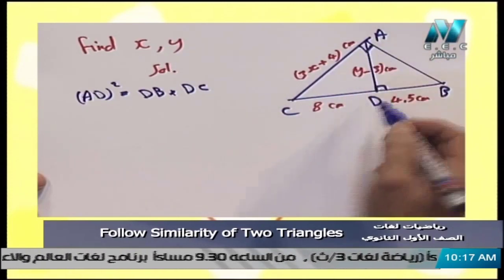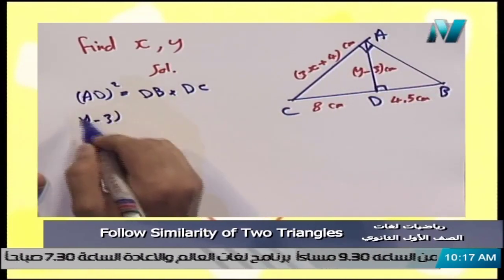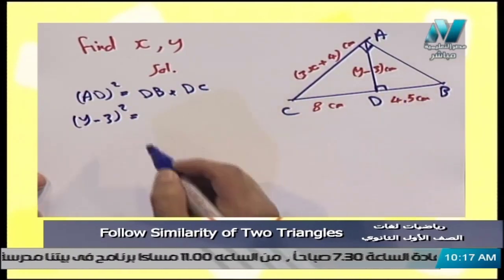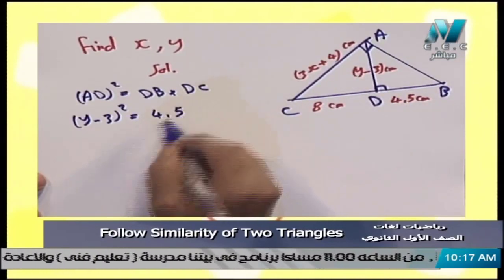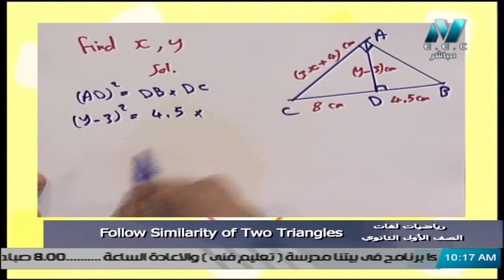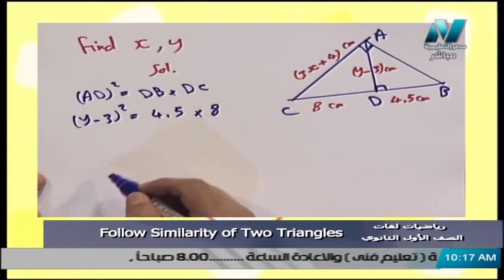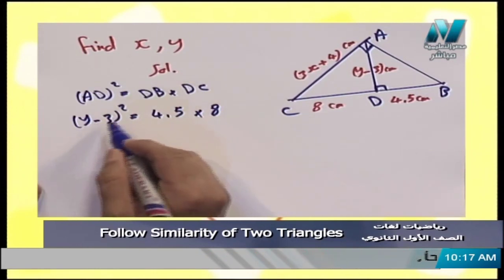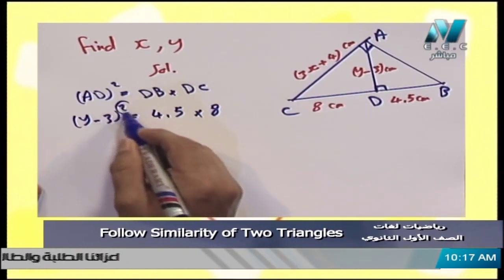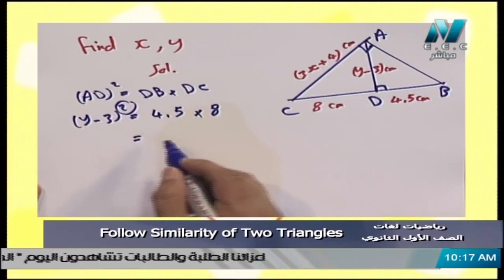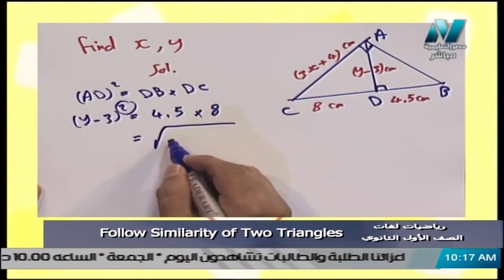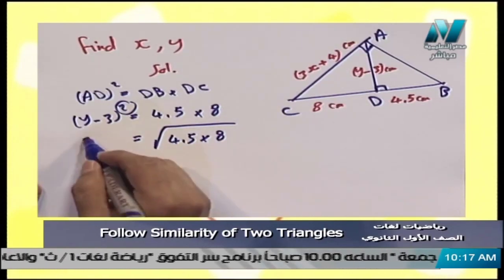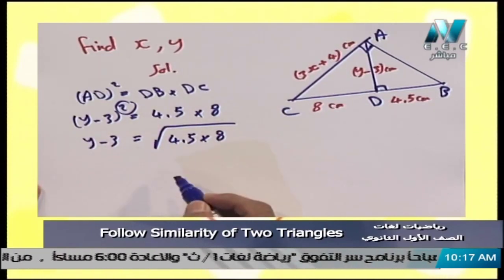AD power 2 here is y minus 3 power 2, and DB is 4.5, and DC will be 8. To find y minus 3 only and cancel power 2, we will take the square root of 4.5 multiplied by 8. It will be y minus 3.